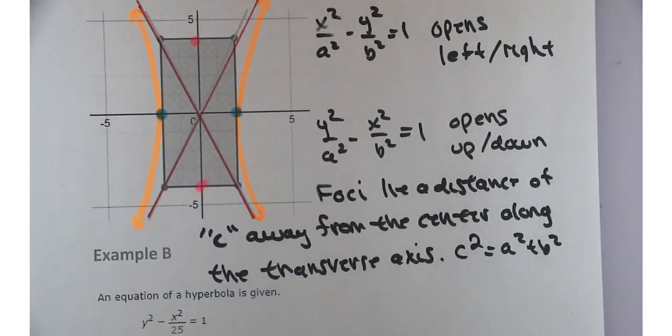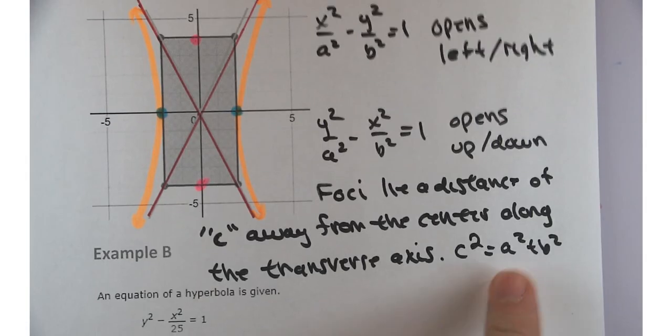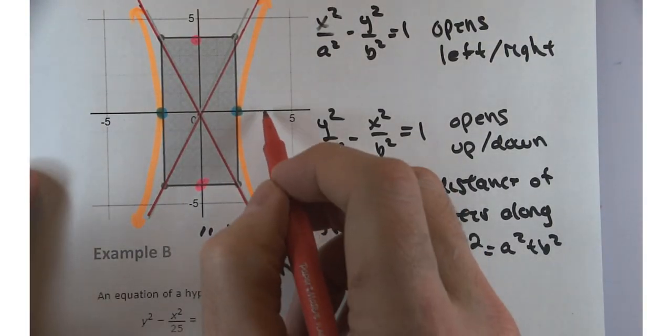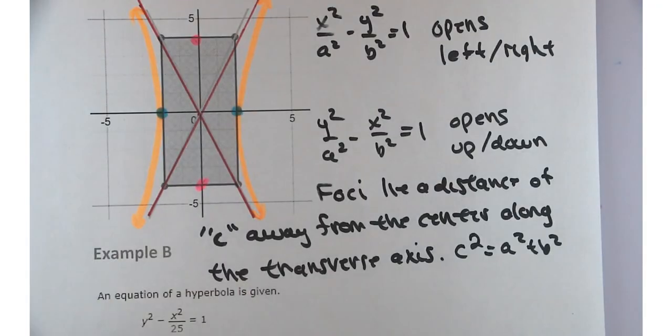Wait, should it be A squared minus B squared? Ah, great question. Where was A squared minus B squared used? Finding the foci for an ellipse. So with a hyperbola, it's different. Now with a hyperbola, your foci should lie inside each branch of the hyperbola.